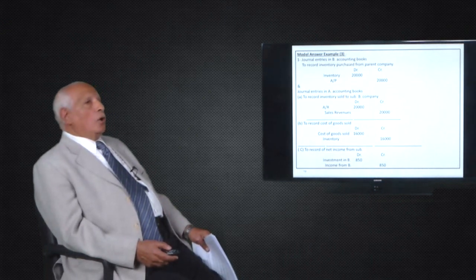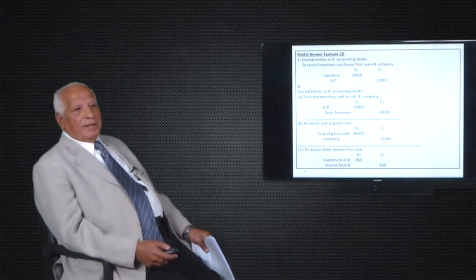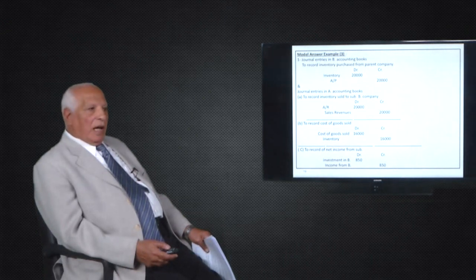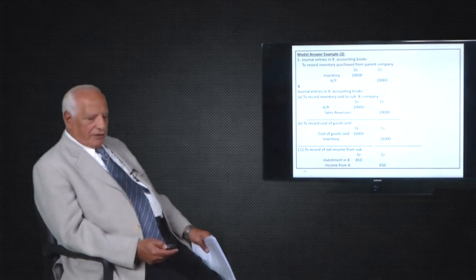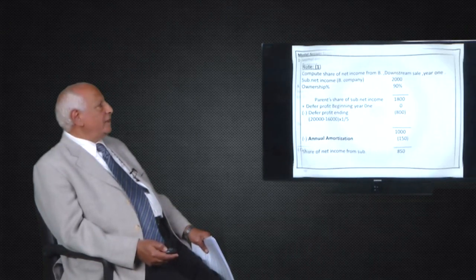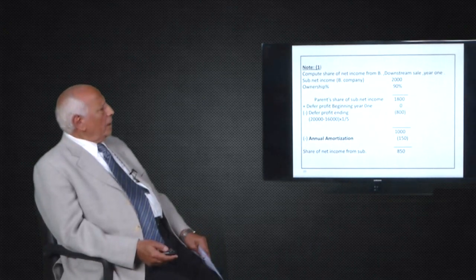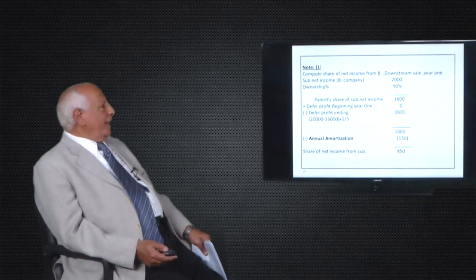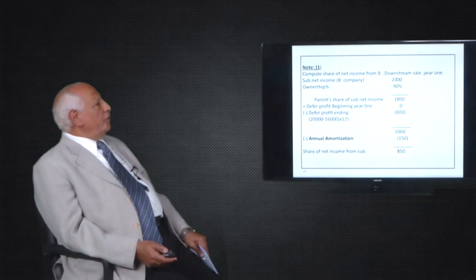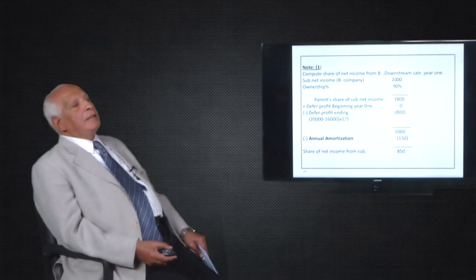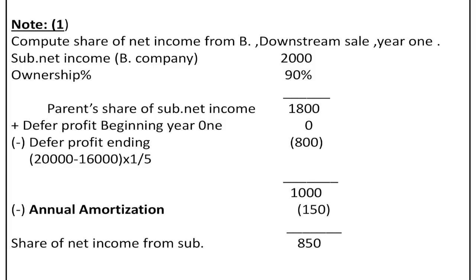Again, before you write this number, you need to do some calculation to get this one for downstream. Let me show you how to get this number, 850. What's the difference between upstream and downstream? Note number 1 again, compute share of net income from B, downstream sale, year 1. Don't forget, year 1, sub net income 2,000.